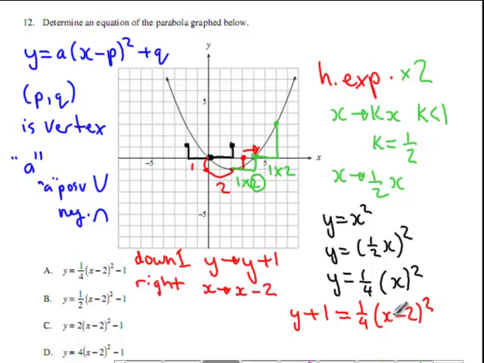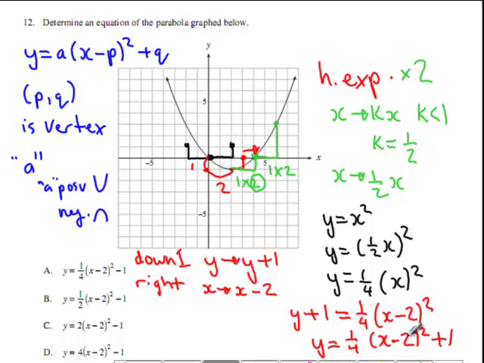And you can see here this form of the parabola, the vertex form, starting to appear. I'm going to subtract 1 from both sides. Finally, I get y equals 1/4 times (x minus 2) all squared plus 1.